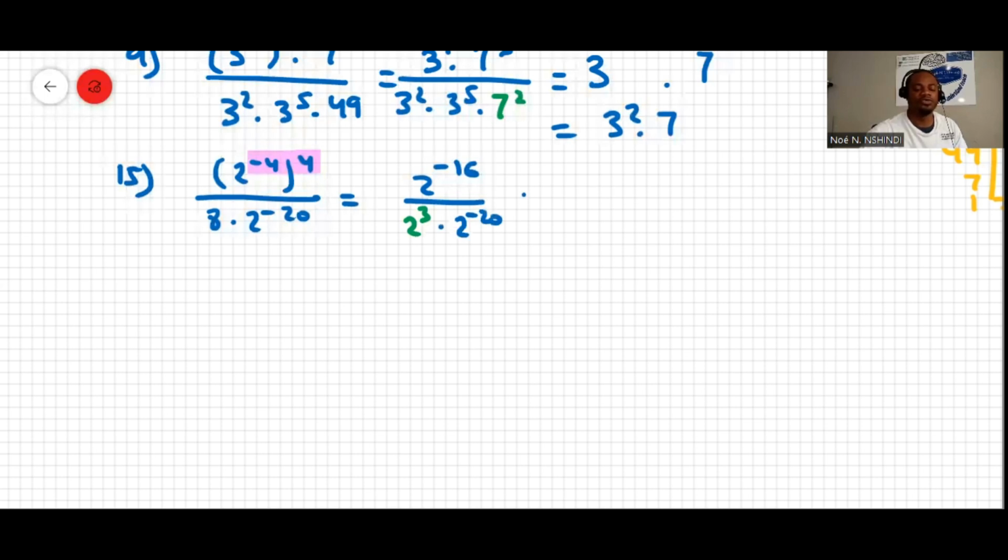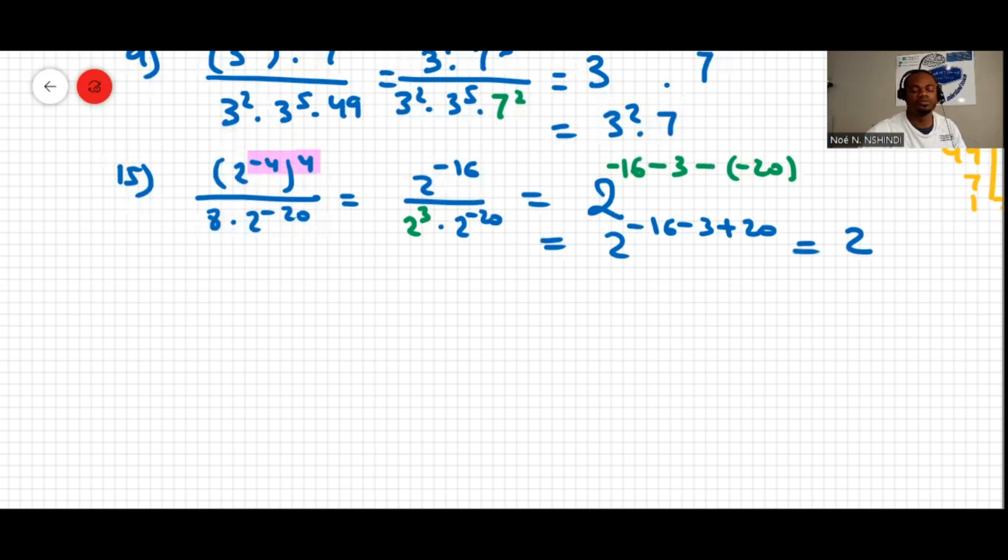So in this situation, we can just write base 2, and then we take negative 16 at the numerator, and then we minus 3, and we minus negative 20. This is equal to 2 to the negative 16 minus 3 plus 20, and this is just equal to 2 to the power of 1, which is 2.